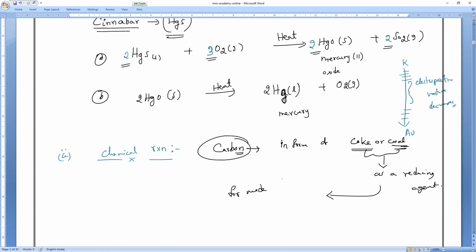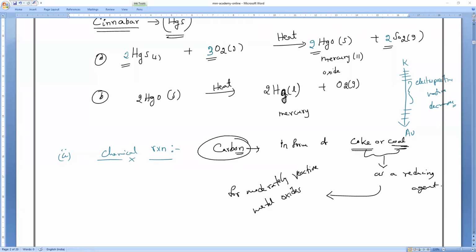Can you tell me what the moderately reactive metals are in the metal activity series? Zinc, iron. Yes. What else? Aluminum. You can take that also, though aluminum is basically highly reactive.